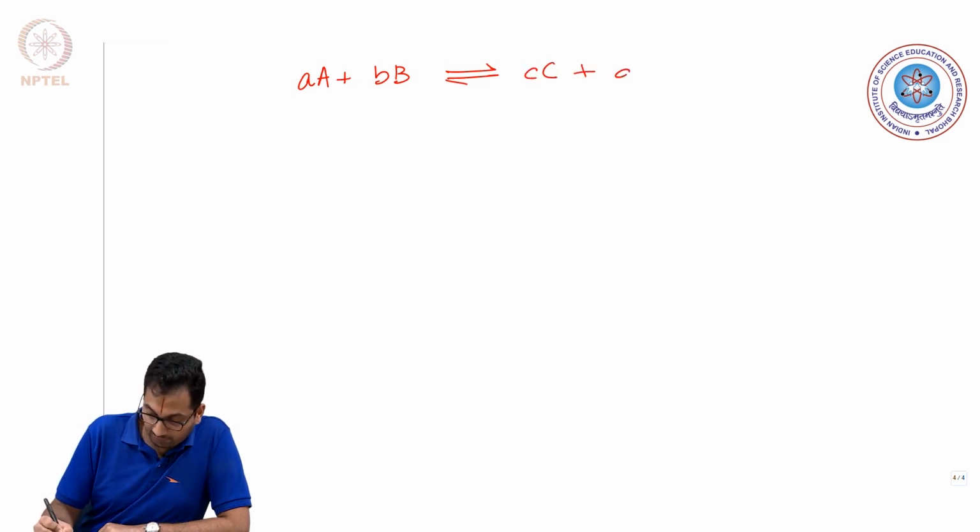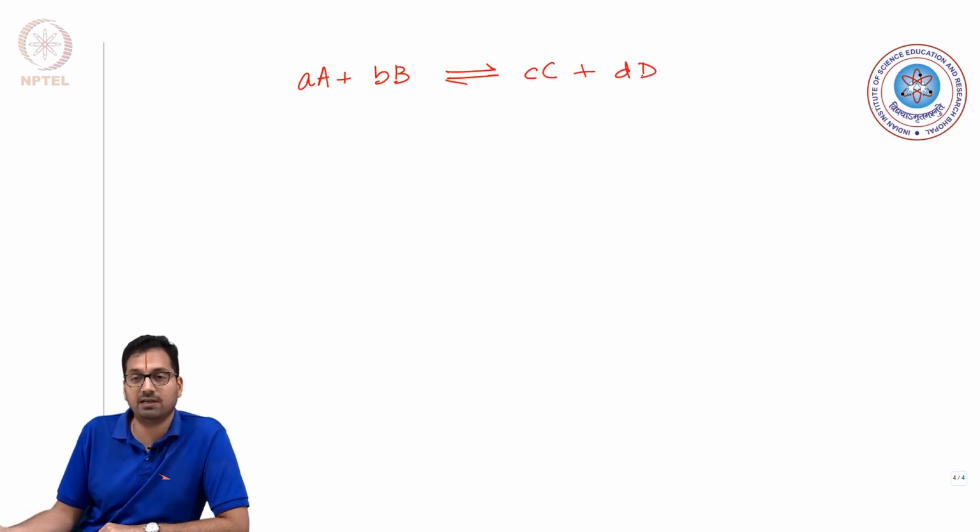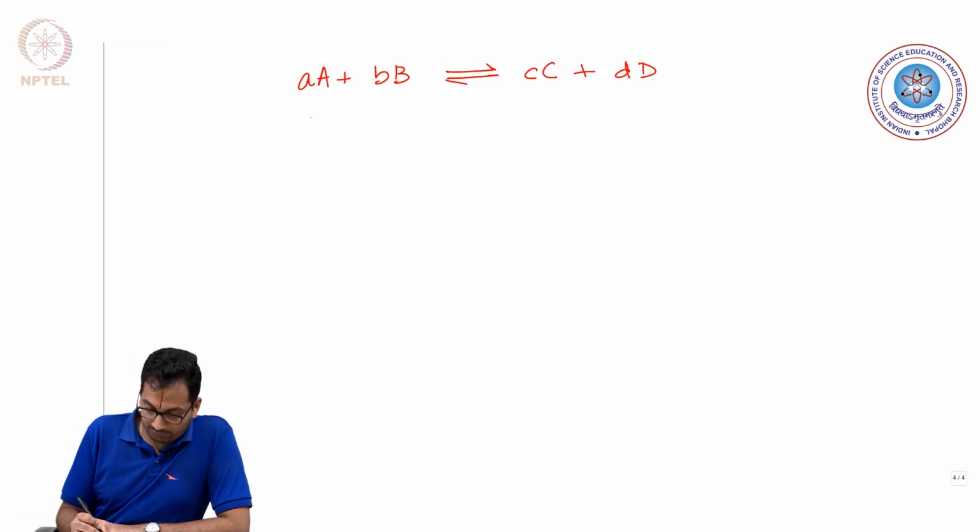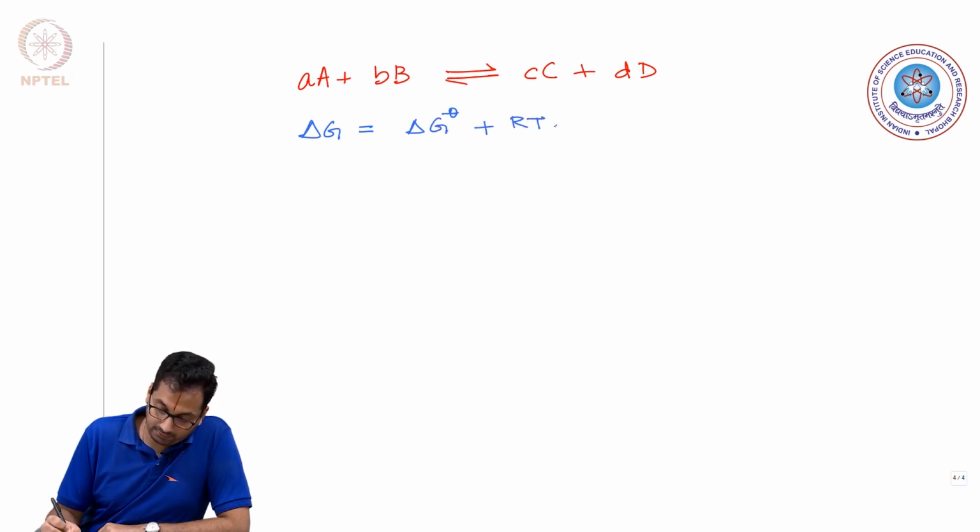This is in the formation of cC plus dD, where capital C and capital D are the products and small c and small d are the stoichiometric coefficients. Then for such an equilibrium, the delta G is going to be given by delta G naught plus RT ln of the reaction quotient.